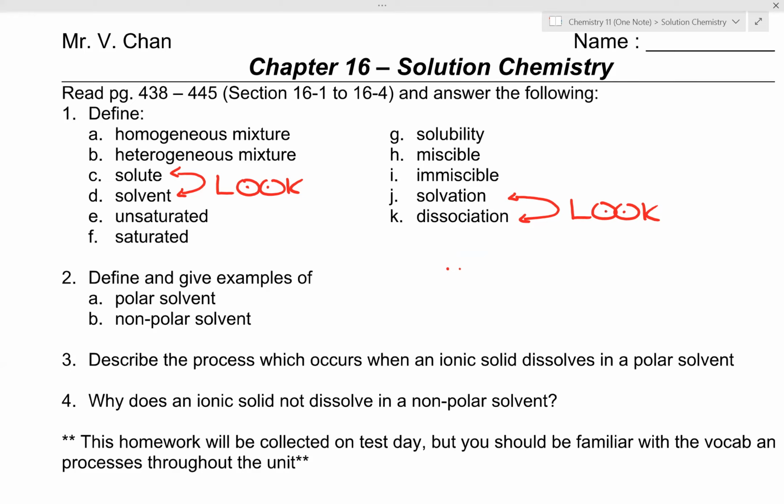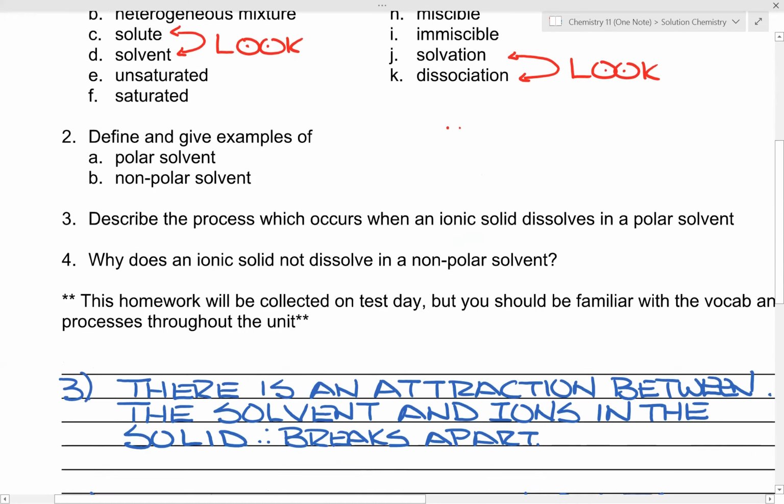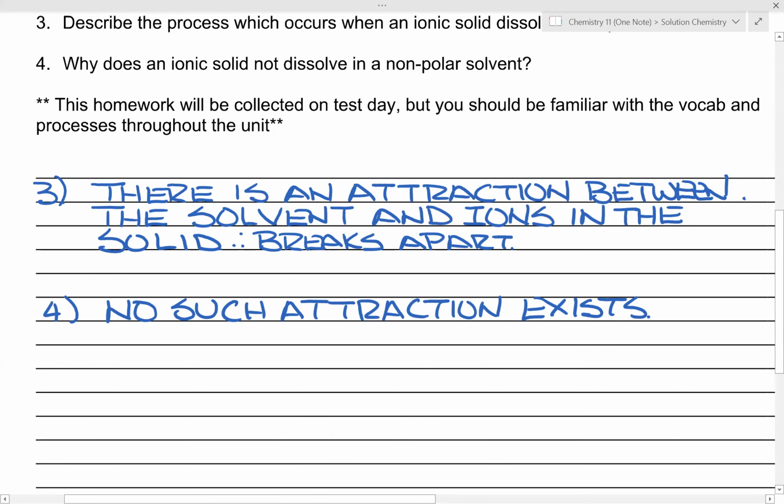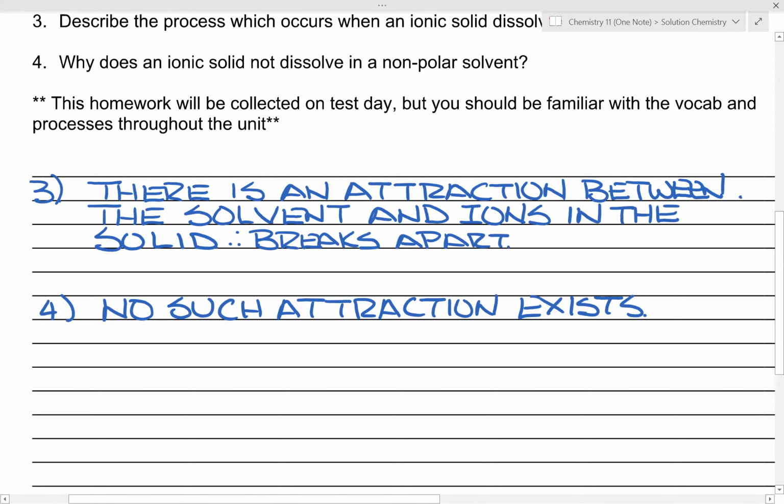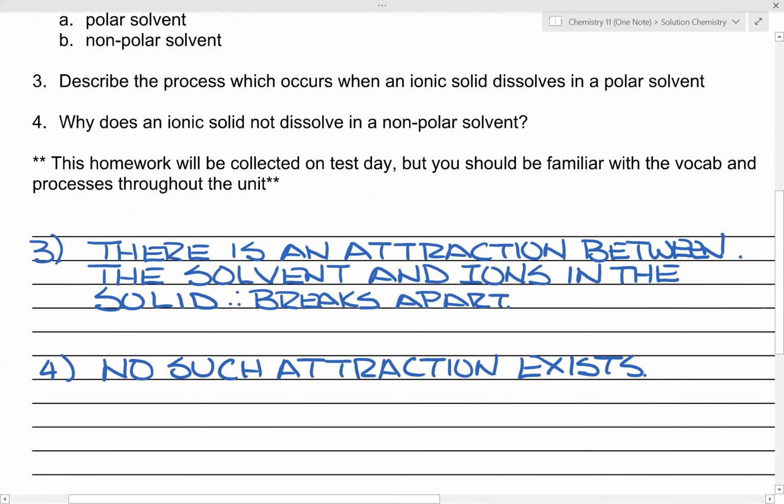and dissociation. Now, I want to just focus a little bit on question number 3 and question number 4. Describe the process which occurs when an ionic solid dissolves in a polar solvent, and why does an ionic solid not dissolve? Well, hopefully, one thing you should have understood is that why an ionic solid dissolves, the key word is there's an attraction between the solvent and the ions in the solid.